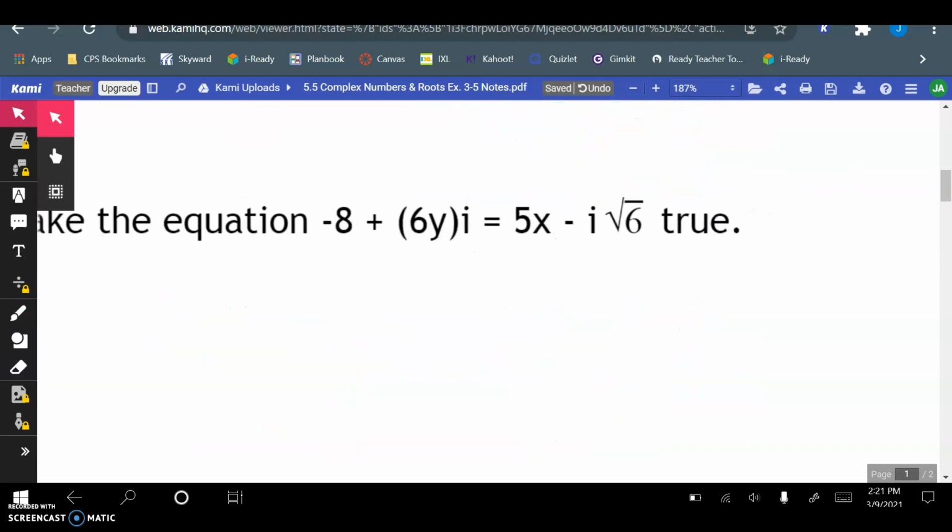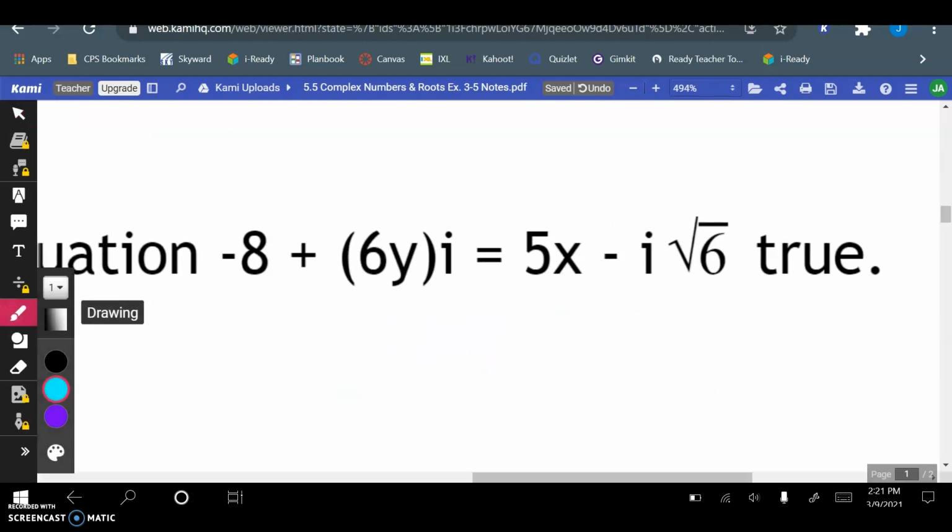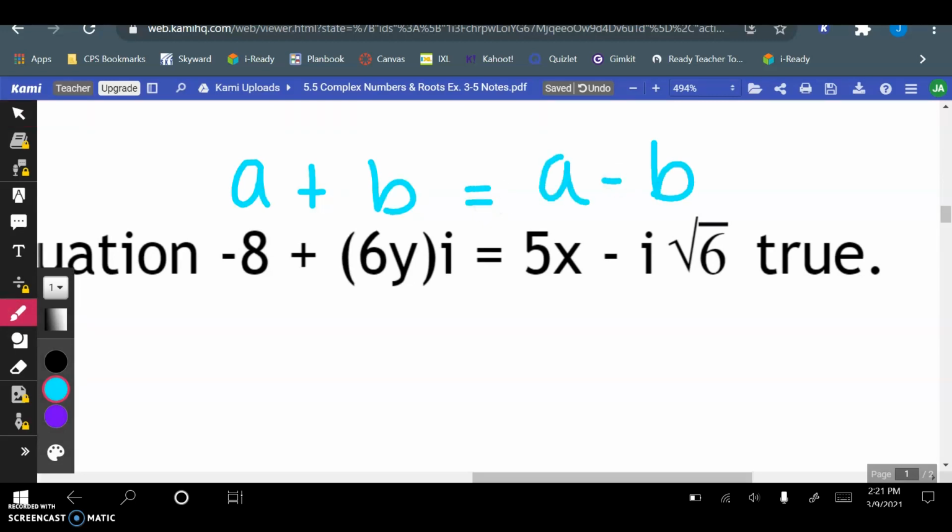We're going to do that one more time here with this equation. So again, a plus b equals a minus b. So we are going to make the a's equal to each other. So we got -8 equals 5x. I'm going to have to divide both sides by 5.